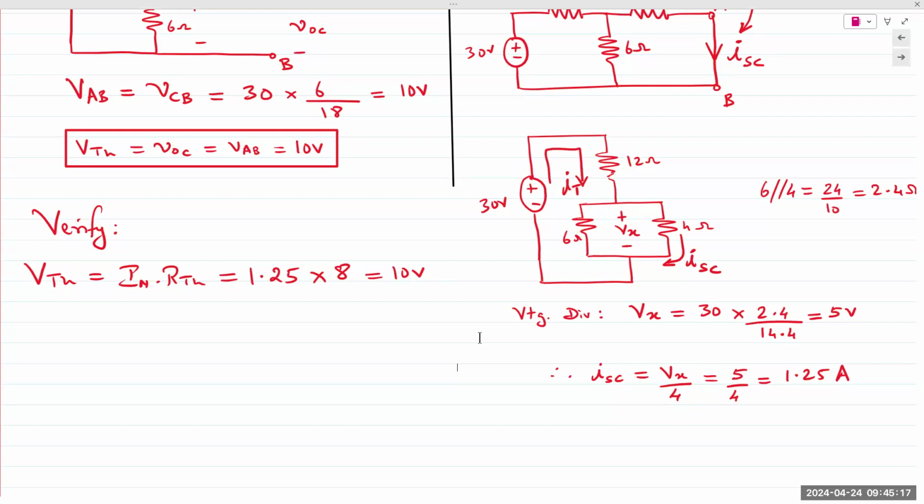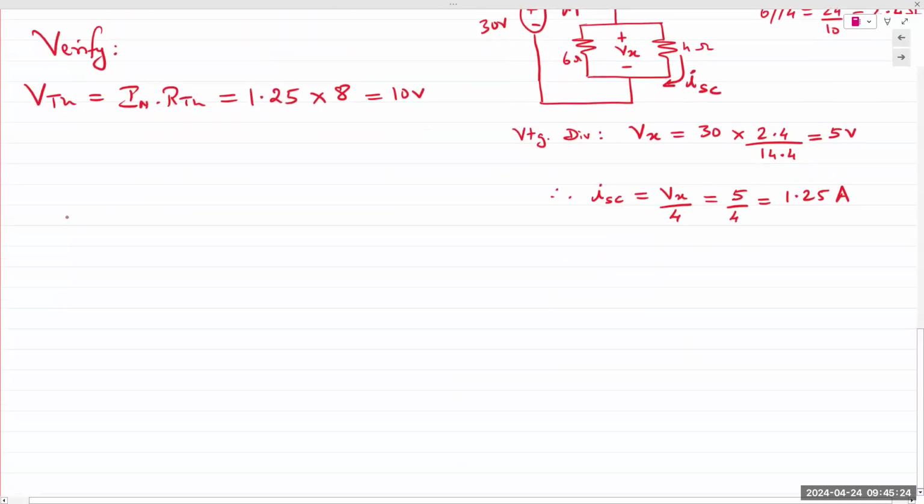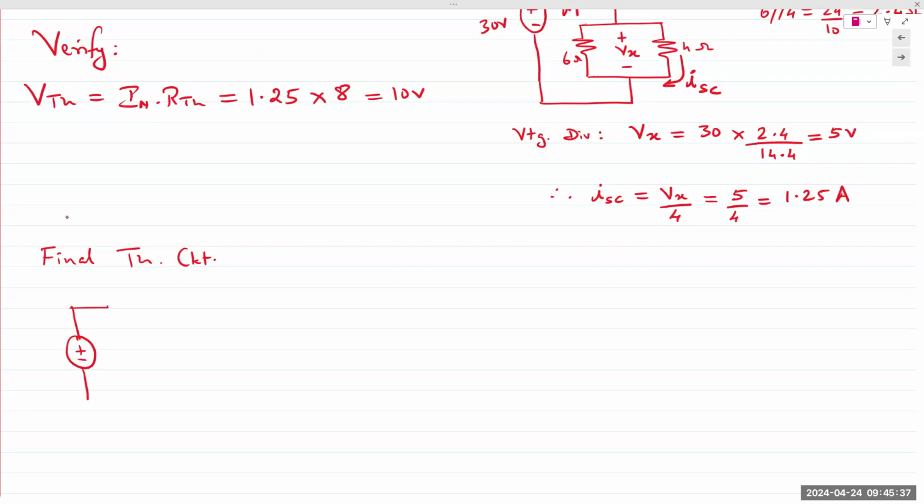Okay, let's see. Then finally, the final circuits would look like this. The final Thevenin circuit would simply be the voltage source, the Thevenin voltage, with a Thevenin resistance, and the 2 ohm resistor connected back into the circuit.